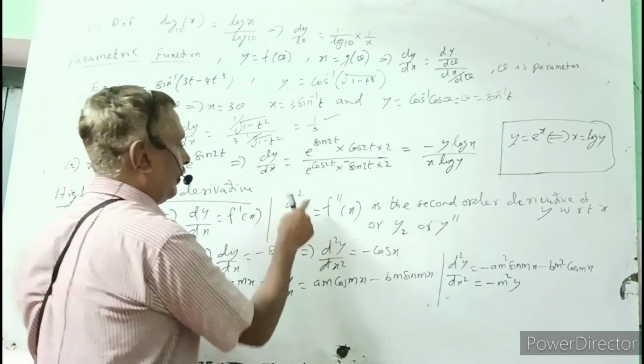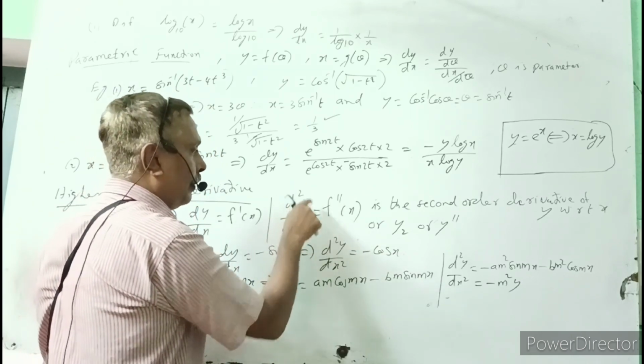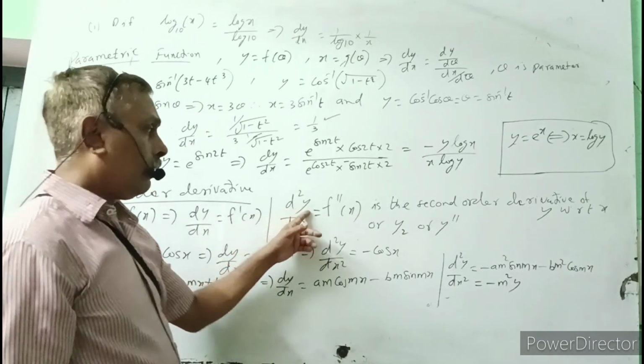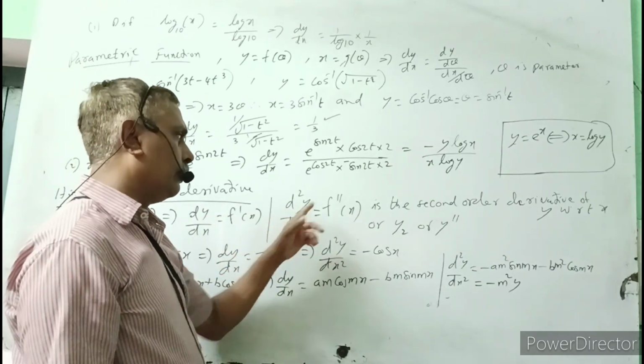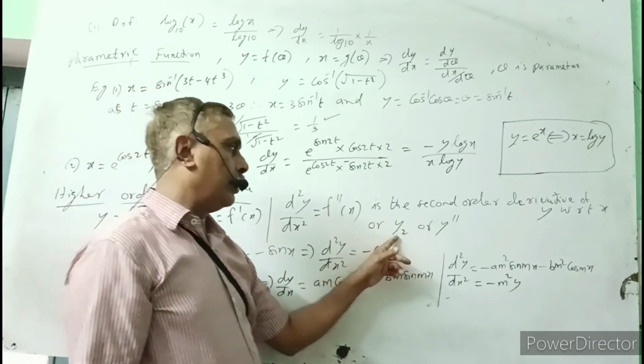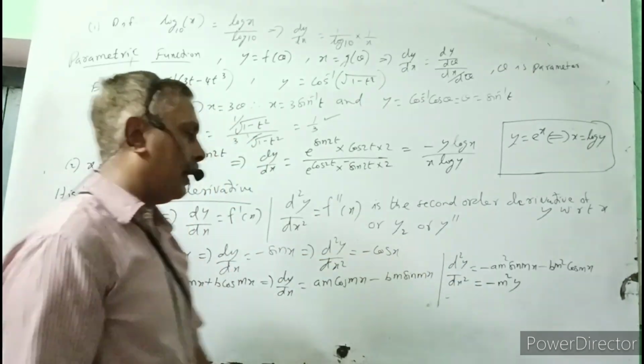You see d has a square and x has a square. y does not have a square, so y is alone. So d square y by dx square is also the same as f double dash x. It is also denoted y2 and y dash, y double dash.